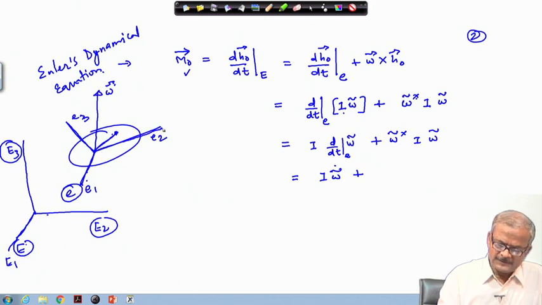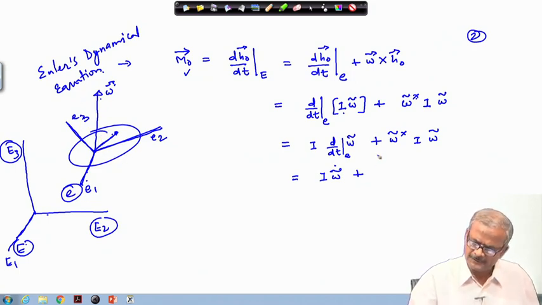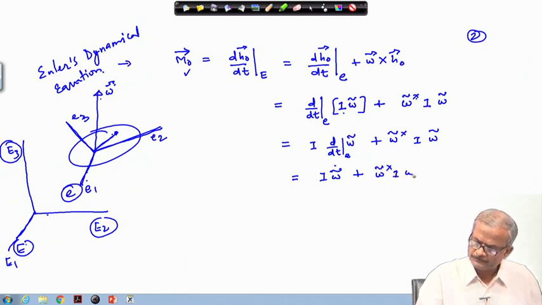As this body rotates, its angular velocity may change. So, right now the omega vector is indicated here in this direction, sometime afterwards it may change its direction. So, I will return back to this. And here this is your M 0 tilde.